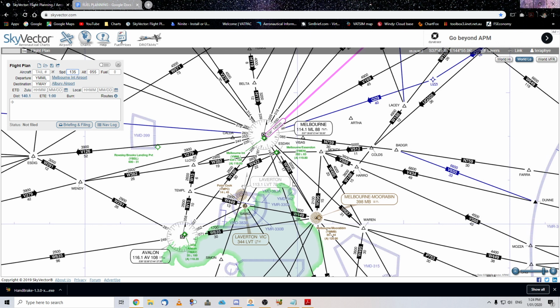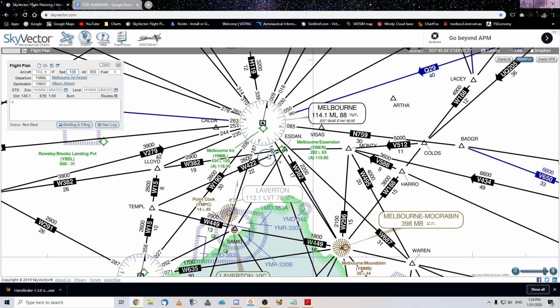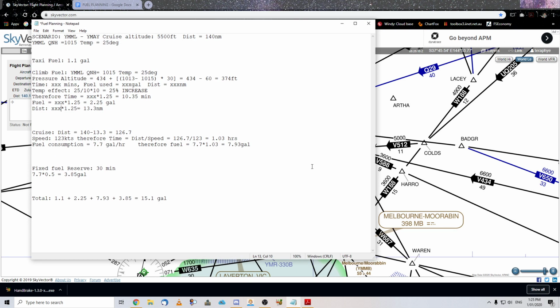Okay, so the first thing you need to do is look at the conditions in Melbourne. If you can look at that METAR, the winds are 120 degrees at 6 knots, the temperature is 25, and the QNH is 1015.